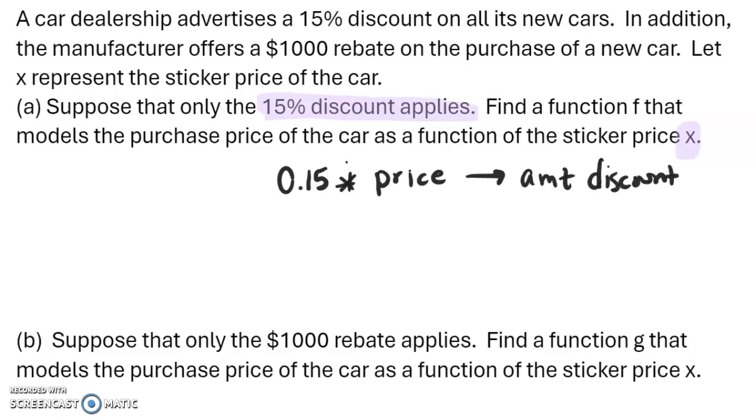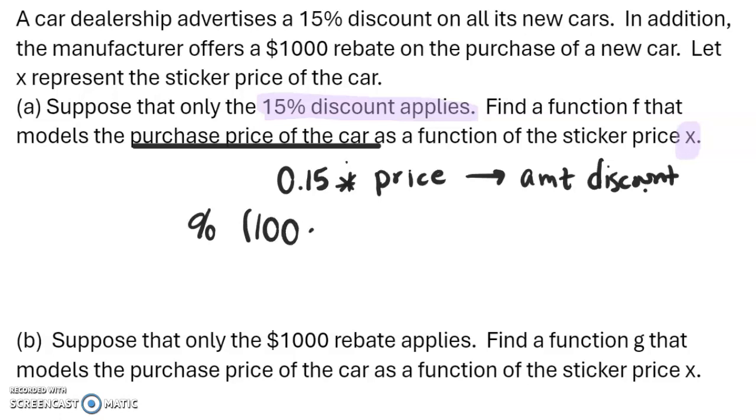This says to find a function f that models the purchase price of the car. So this gives you the amount of the discount, and then you would have to subtract it from the purchase price of the car. But we could write this a little differently. So think about it like this. When you're talking in terms of percentages, percentages mean 100.